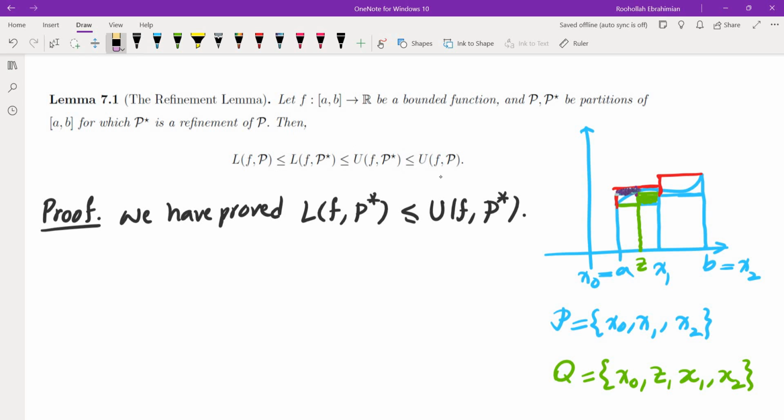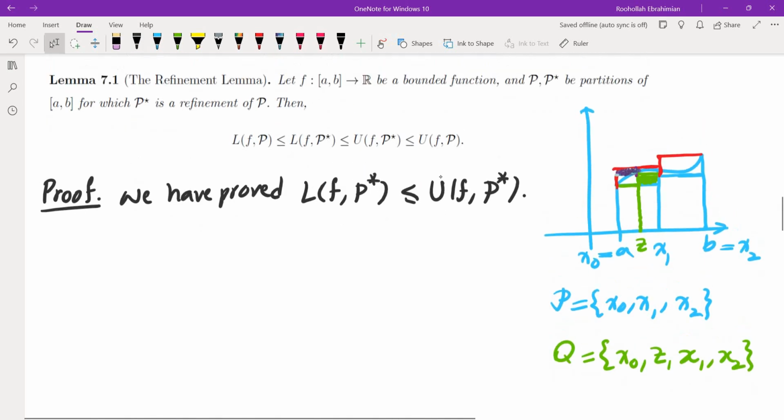Okay, so what I'm going to do is this. I'm going to show that if I take the lower sum and add one point to the partition, then the lower sum becomes larger. And therefore, if you keep adding points to the partition, the lower sum becomes larger and larger.